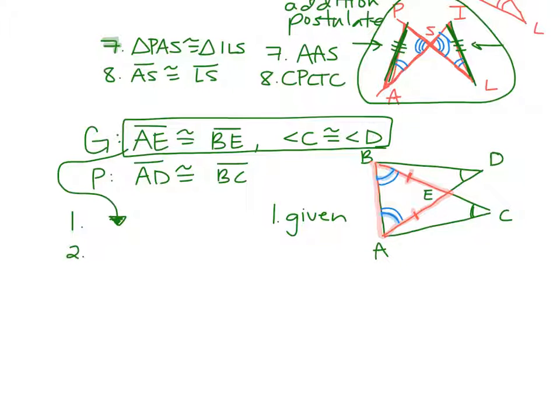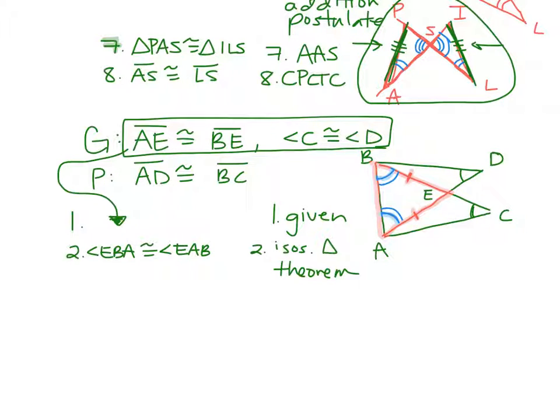So that's where we're going to start here. We're going to say angle EBA is congruent to angle EAB. And that's just the isosceles triangle theorem. It says if the two sides are congruent, then the base angles are congruent.